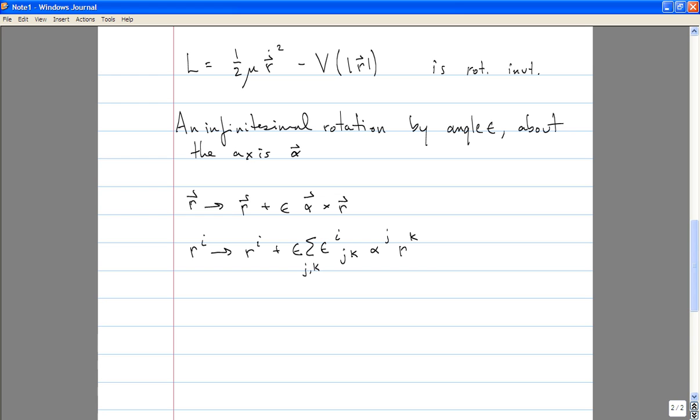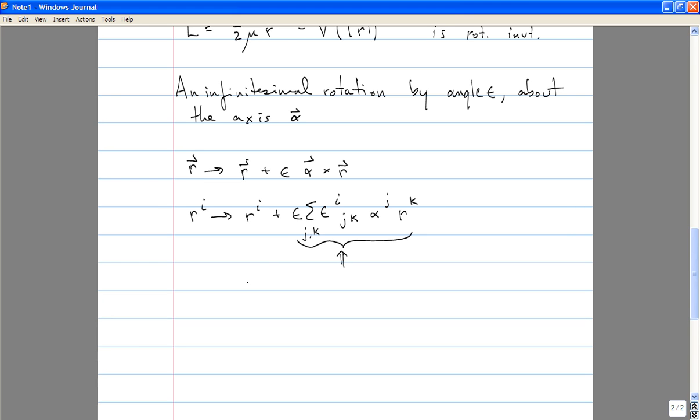So this is just a way of writing the cross product using index notation. So, you can see from this formula that the variation of r under an infinitesimal rotation is the thing that in the definition of Noether's theorem I called dq by ds.